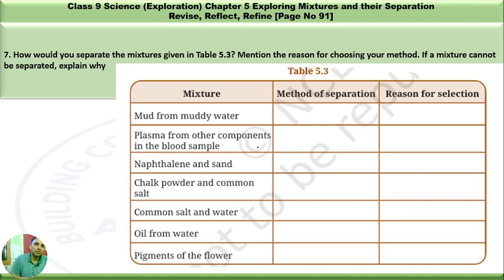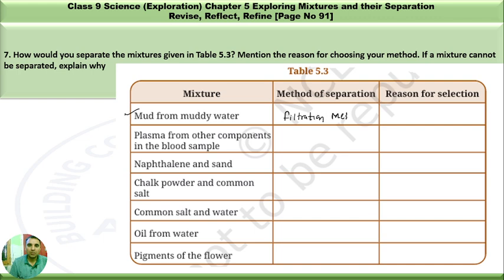The first one is mud from muddy water. Mud from muddy water is more applicable to suspension solution, which is heterogeneous in nature. And the best applicable method possible here is the filtration method.